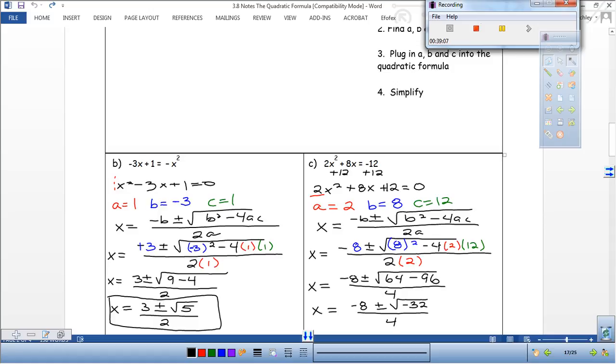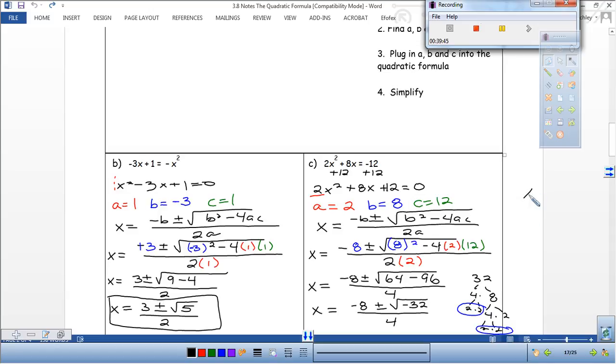Okay. So we need to factor that 32. Okay, let's factor the 32. We're going to get 32, which is 4 times 8, 4 times 2, 2 times 2, and 2 times 2. So I have 2 pairs of 2's. Okay? I'm going to have to write it over here.